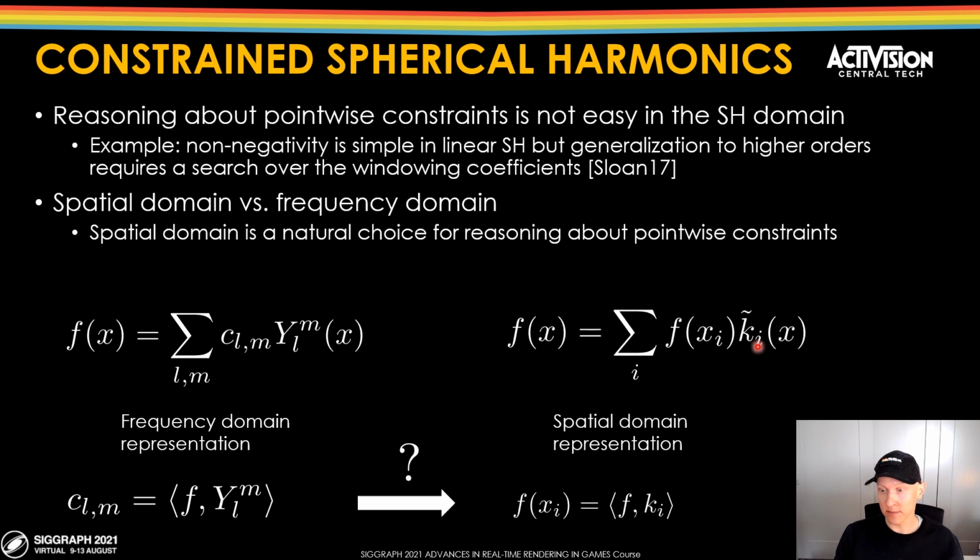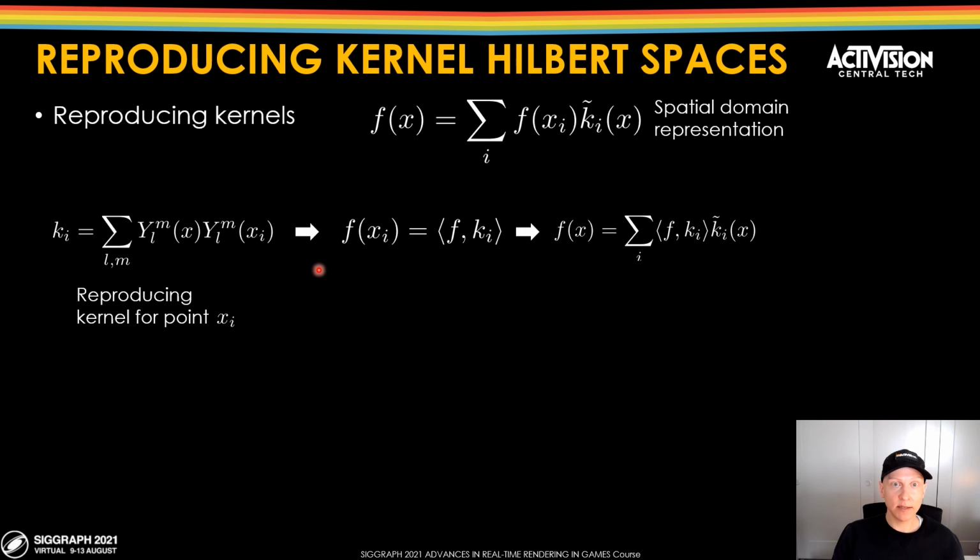The k tilde you can think of as the dual basis functions, and I'll clarify what that means in a second. It turns out that the answer is yes, and the connection is given by something called reproducing kernels.